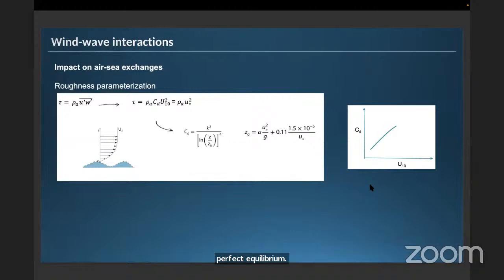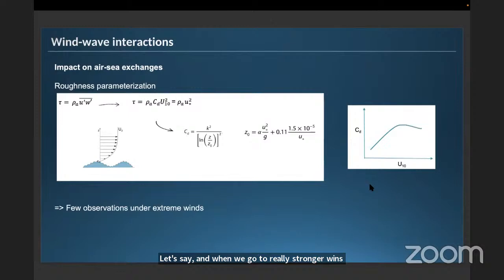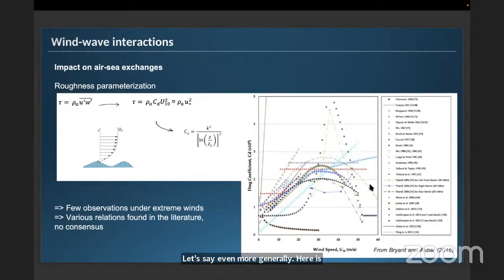And when we go to really stronger winds, we also generally have a saturation of the drag coefficient, which is known from observation, but not fully explained. And even more generally, here is a state of the art of drag parametrization. You can see that there are numerous existing formulations with very various values, especially at high wind speed. And this is really the state of the art, so we still have a lot of work to do on that.